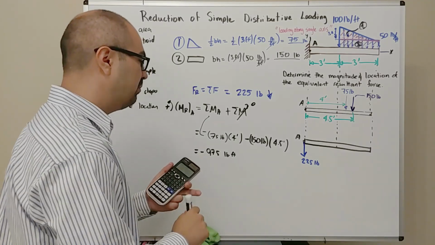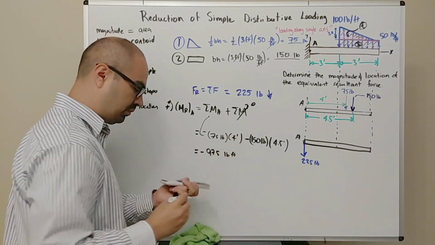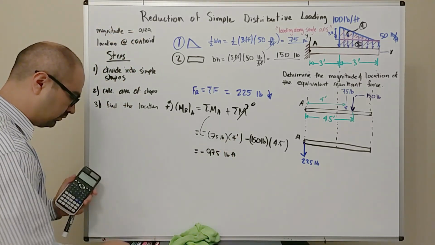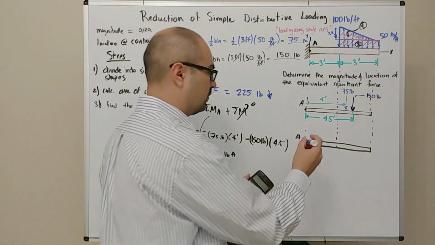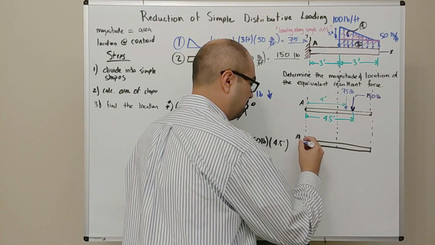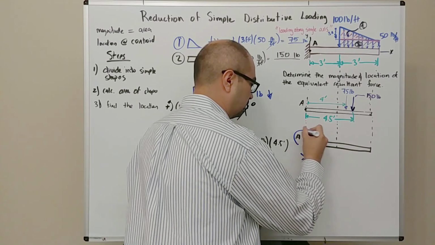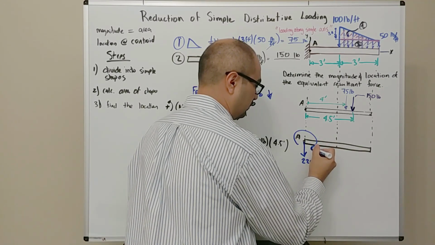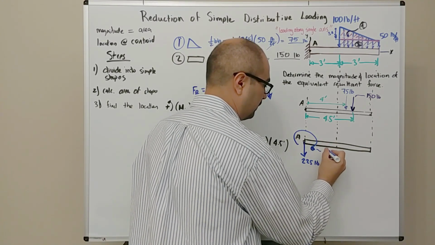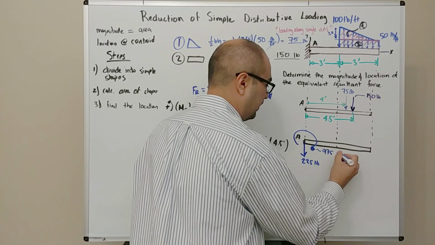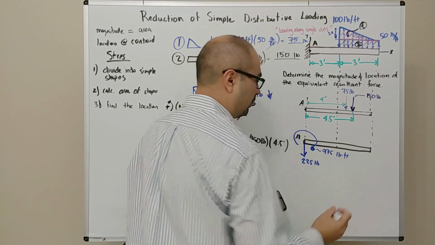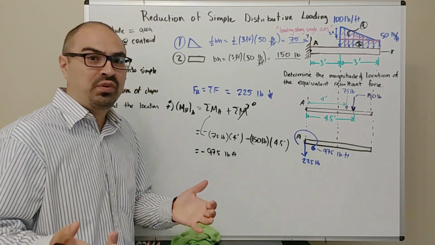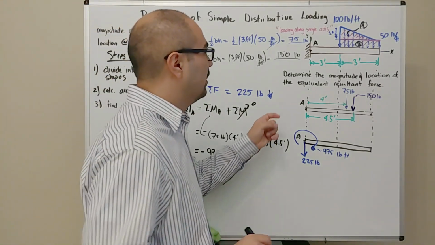This being negative means that we have a clockwise moment. So we have a clockwise moment of 975 pound-feet. However, we're still not done.